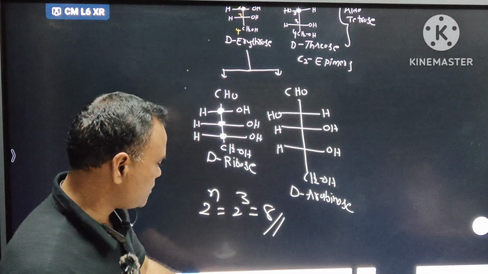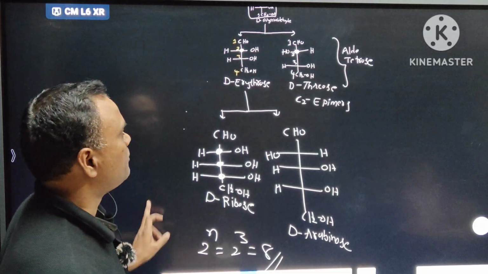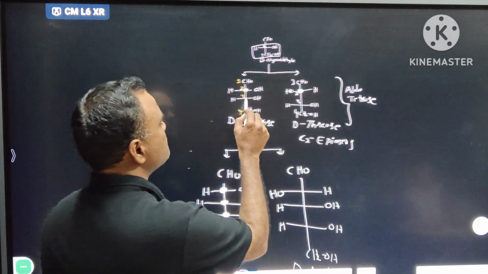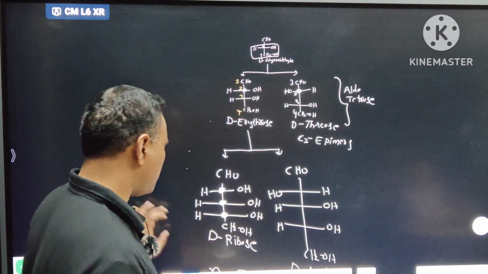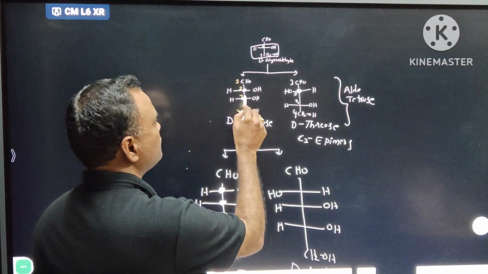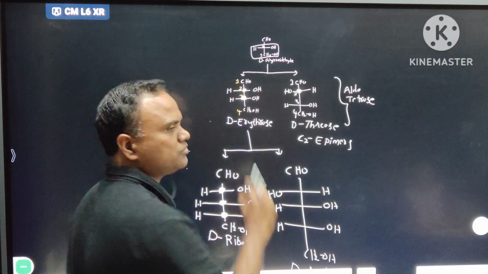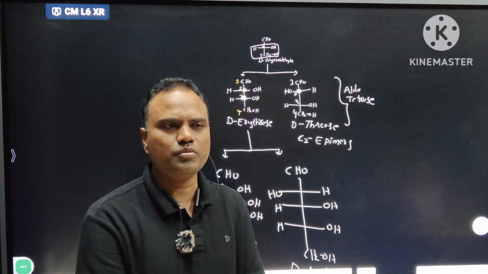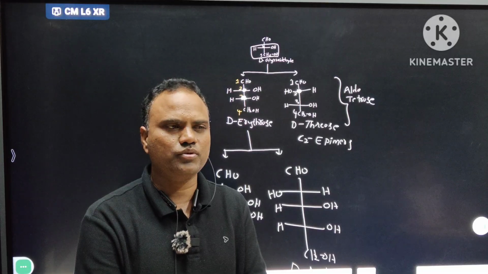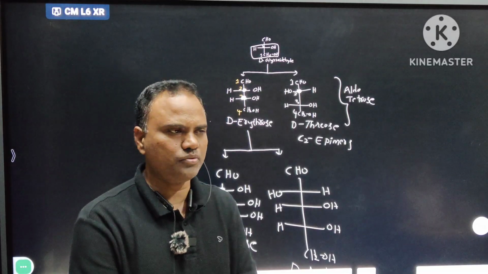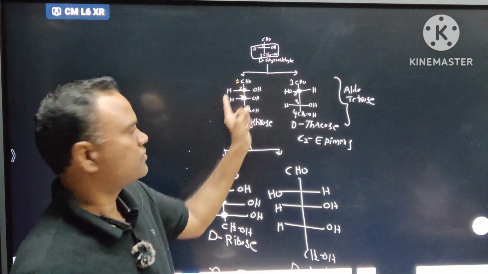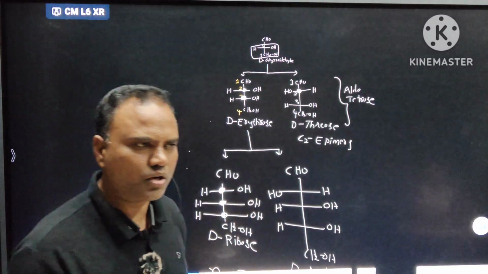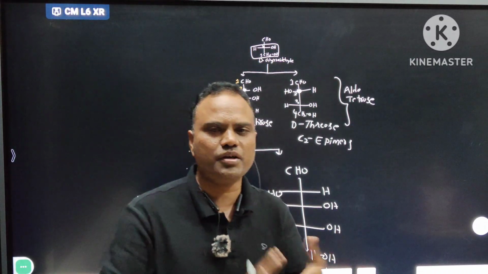For the last one, how many chiral centers are present? 1, 2. 2 to the power 2 is 4. Four optically active compounds. 2 to the power n is the formula. Clear? Now tell me the pair.